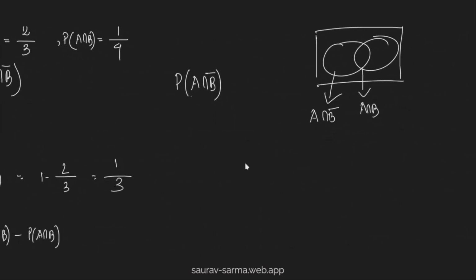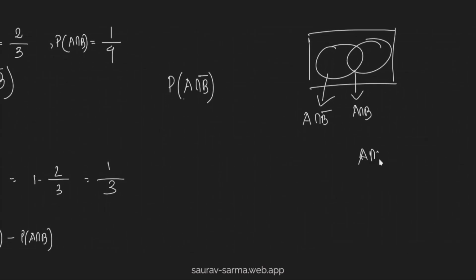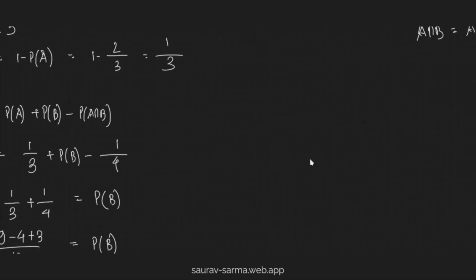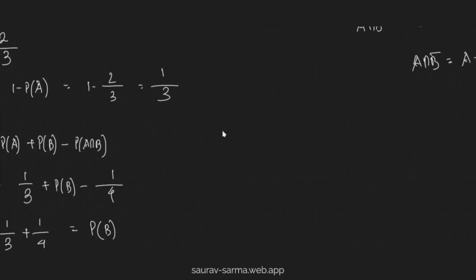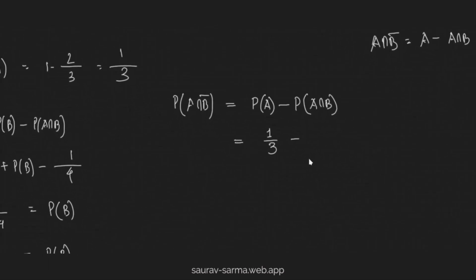So this part is nothing but probability A intersection B bar is nothing but A minus A intersection B. So সেইকাৰণে আমি কি কৰিব পাৰোঁ, probability of A intersection B bar can be written as probability of A minus probability of A intersection B, right? So this is equal to probability of A, কিমান পালো আমি 1/3, minus A intersection B আছিলে 1/4.